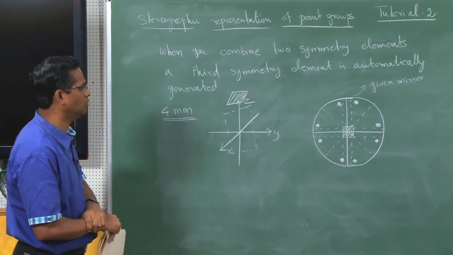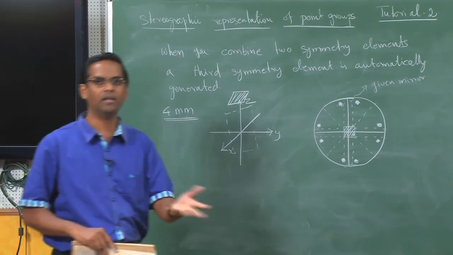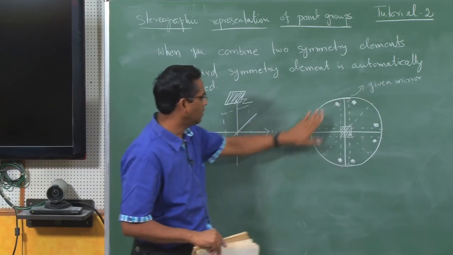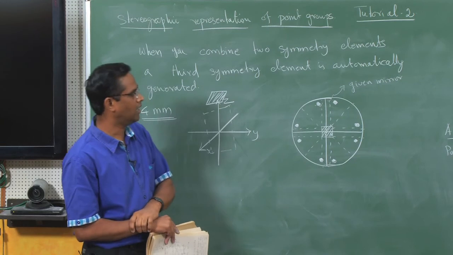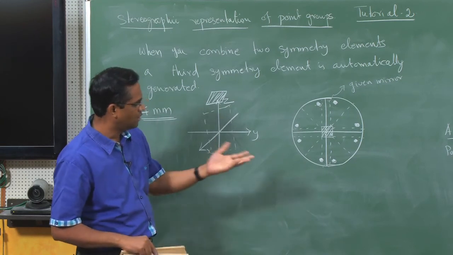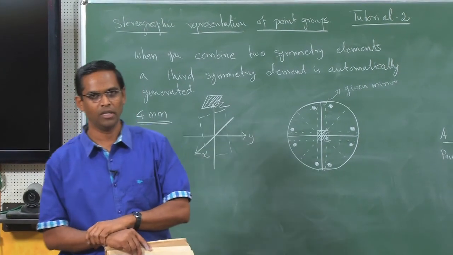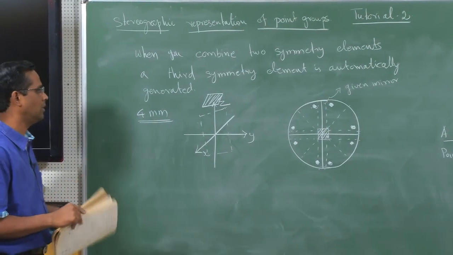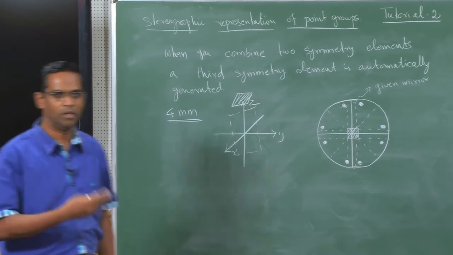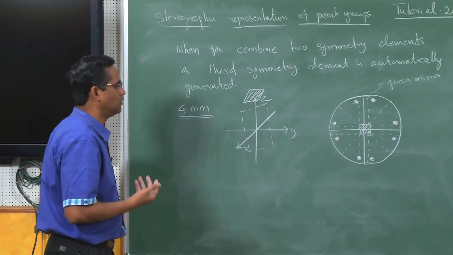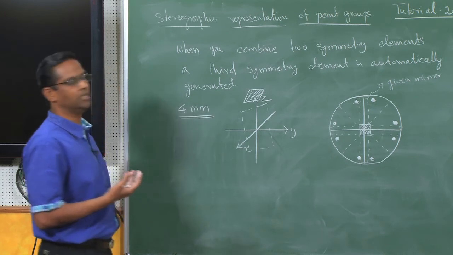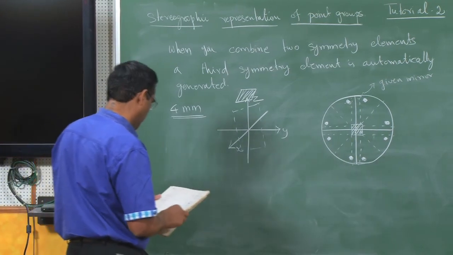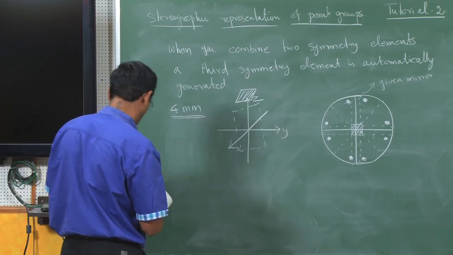Like that you yourself can combine several point groups, project them on the stereogram, and see how many equivalent points you generate. That will be a good exercise. This kind of exercise will also be very useful to realize the symmetry in crystal structures and so on. So, probably I will solve one more problem and then we will stop.